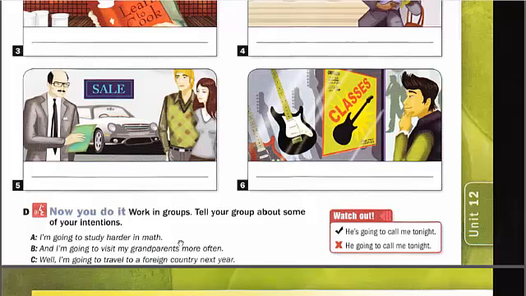You can also say, I'm going to study harder in English. Yes. I'm going to visit my grandparents more often. I'm going to travel to a foreign country next year. As I told you, the present progressive is usually used to talk about near future activities.